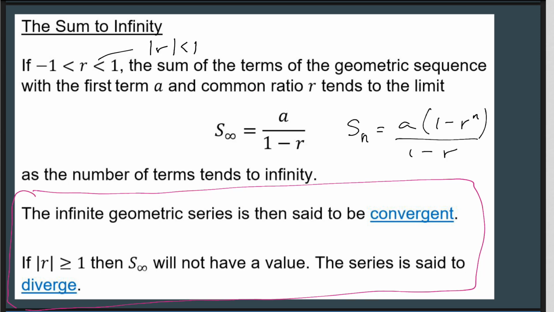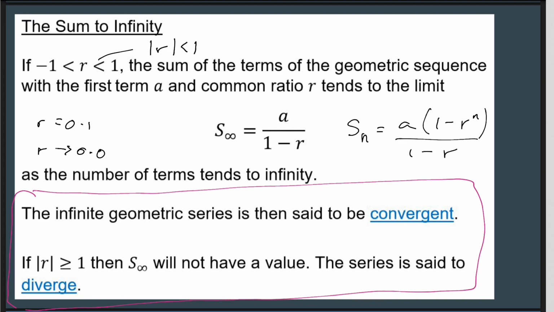If I've got this sequence here, and n goes really, really big, then I'm going to be taking away a really big number if r is a big number. However, if r is a fraction, for example, let's say r is 0.1, and I raise it to the power of n an infinite number of times, then r^n is going to go towards 0.